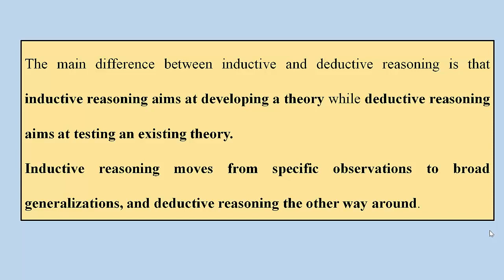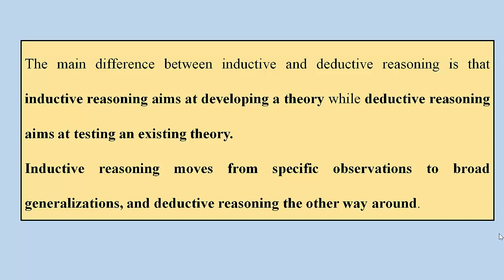Inductive reasoning moves from specific observation to broader generalization, whereas deductive reasoning aims at testing an existing theory. In deductive reasoning, the theory is already there, and I will test whether that theory is right or wrong. For example, suppose there is a theory: use of the mobile leads to headache.